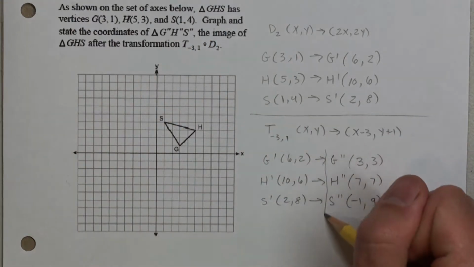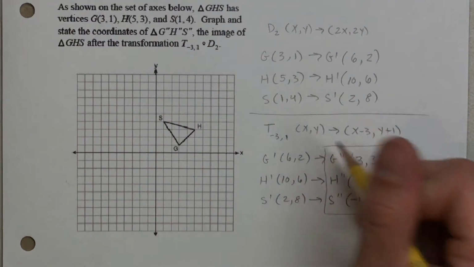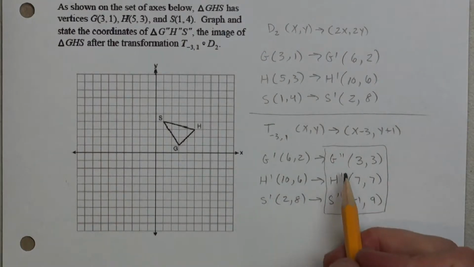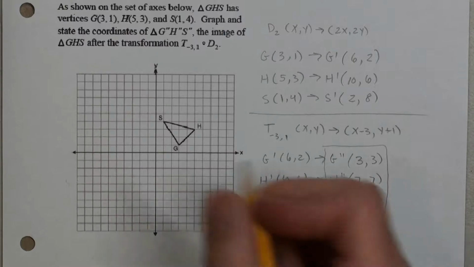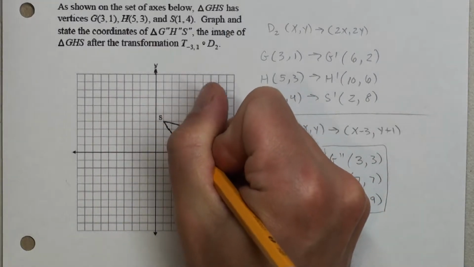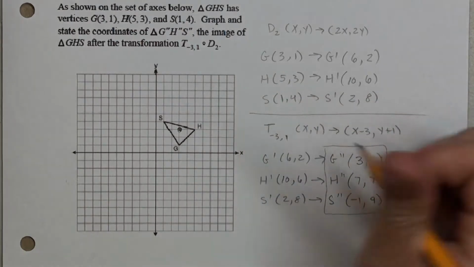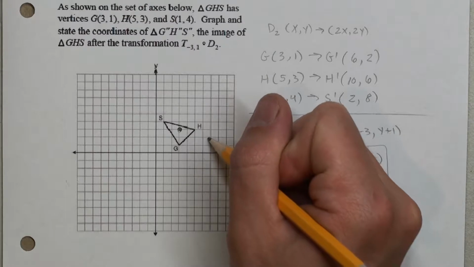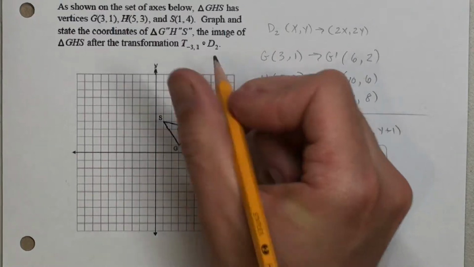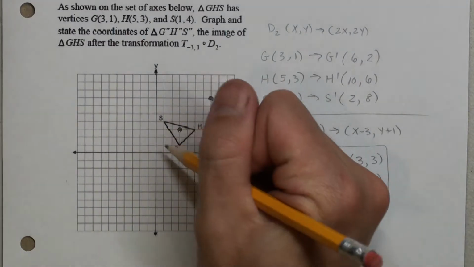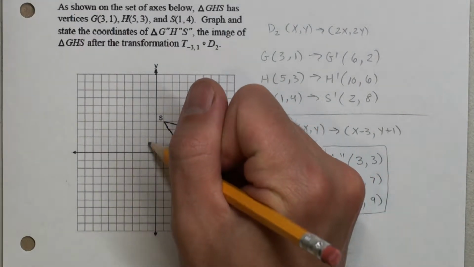So it says graph and state. So here's where I'm stating the coordinates. And I'm going to graph it also. (3, 3), (7, 7), and (-1, 9).